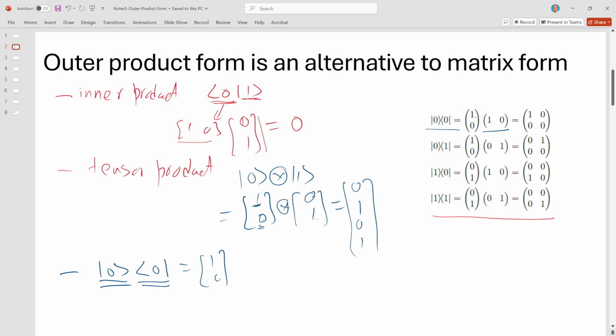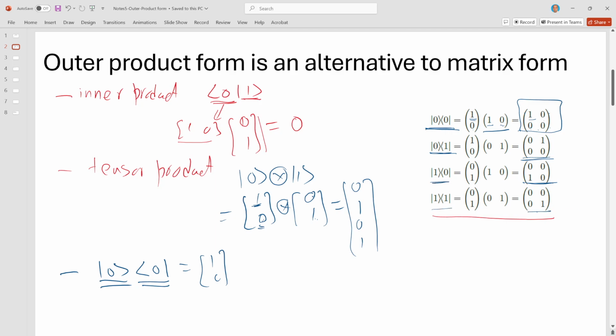And then we can do the usual rule of matrix multiplication. 1 multiplies by 1, we get 1, and then 1 multiplies 0, we get 0. 0 into 1 is 0, 0 into 0 is 0. So it means that wherever we see this matrix 1 0 0 0, we can replace it with this symbol. Similarly, this matrix can be replaced with this, and this matrix with this, and this with this.